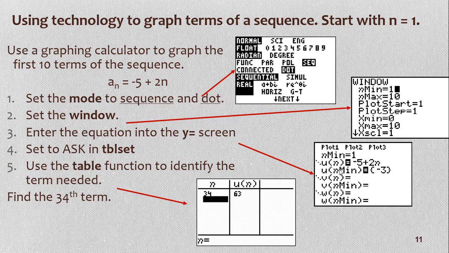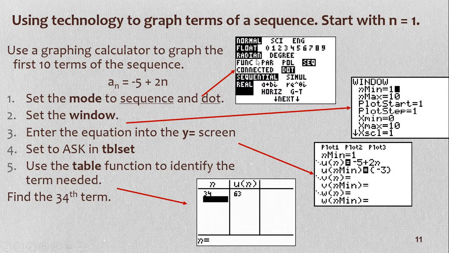Now, we can use our calculators to do a lot of this, but it takes a little bit of work to understand how to do it and make sure that you got all the right things. The first thing I need to do, if I want to find and plot this sequence, is go into my mode settings and set the mode to sequence. Okay, there's some other things here.